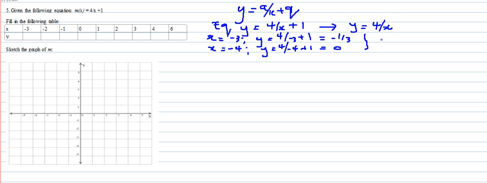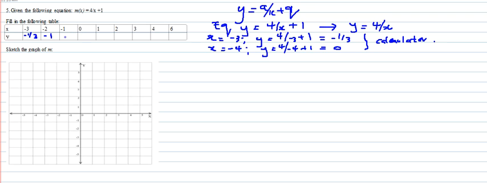We can use our calculator in the exams to obtain the y values in the table. So if we start filling in our values, we substitute, we get minus 1/3 here. For x equal to minus 2, we'll get the answer minus 1 by substitution.